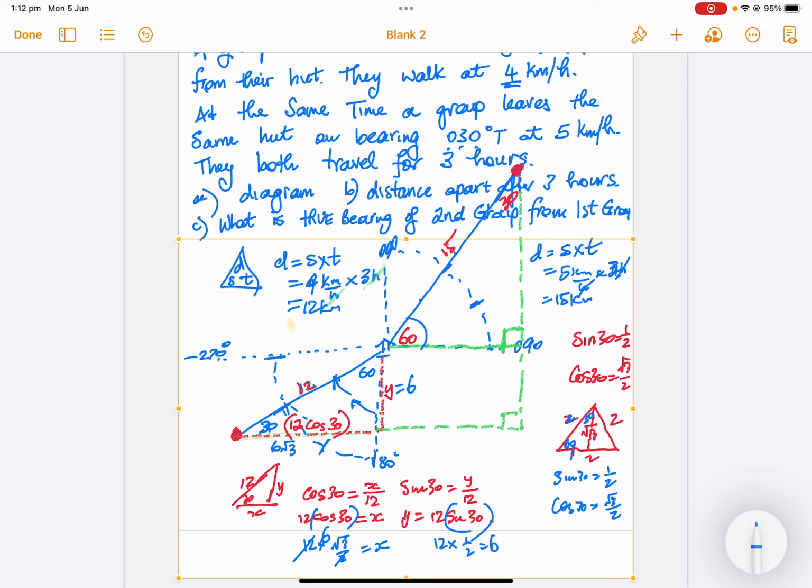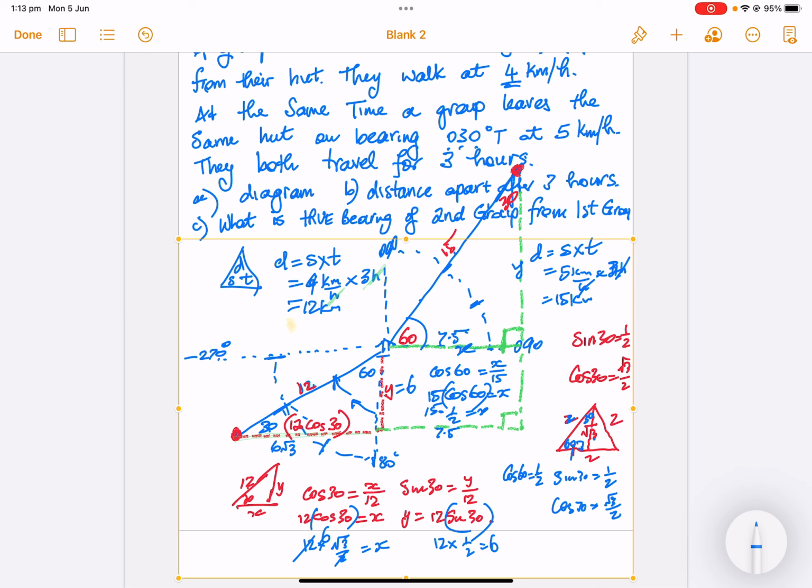We've got a 60. We want this X and this Y. And the hypotenuse is 15. So cos of 60 equals adjacent over hypotenuse. So 15 times cos of 60 equals X. Cos of 60 is a half. And so we can go 15 times half equals X, and that's 7.5.